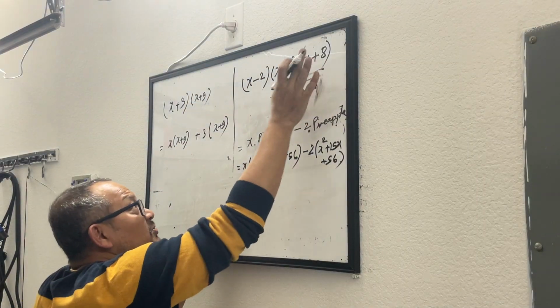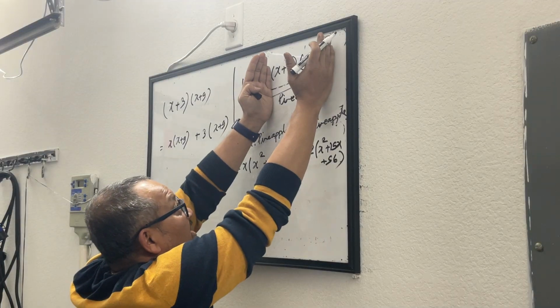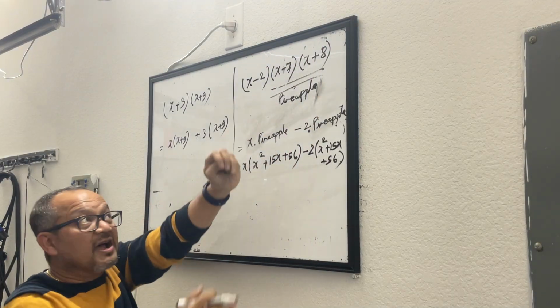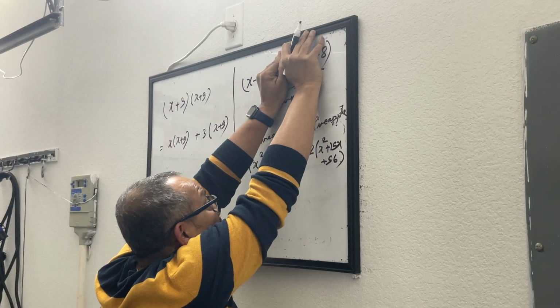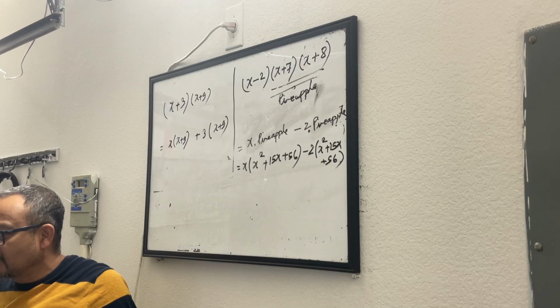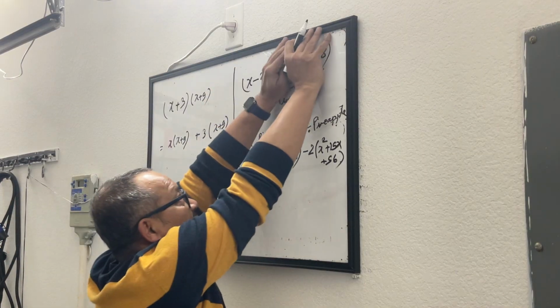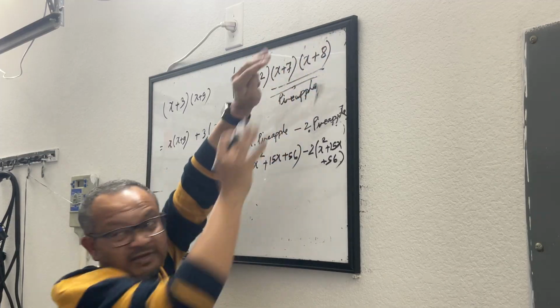So instead of treating them as 3 brackets, I will treat them as 2 brackets only. I will treat this as one entity, one closed box that I don't want to worry about right now. I close this box, and whatever I have inside the box, I'm giving it the name pineapple.